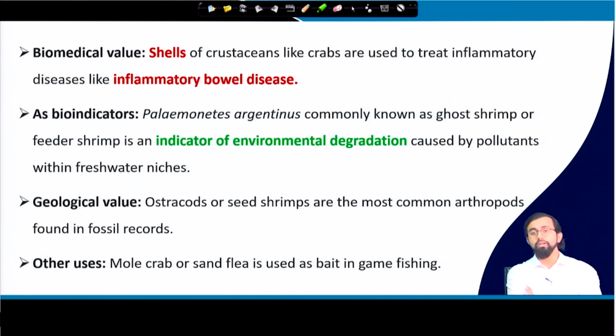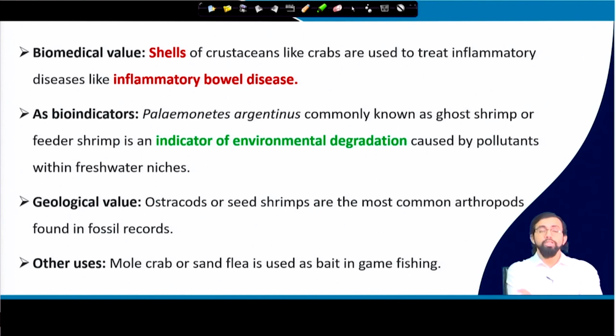Whether the water is polluted or not, we can easily identify if we culture ghost shrimp, scientific name Palaemonetes argentinus. This P. argentinus, also known as ghost shrimp or feeder shrimp, is an indicator of environmental pollution or the amount of pollutants present in freshwater. That is what we call bioindicators.